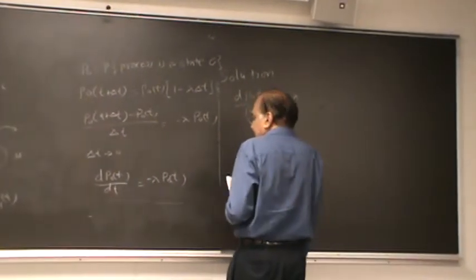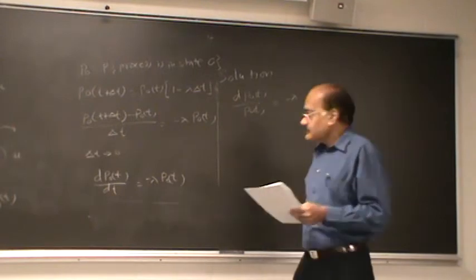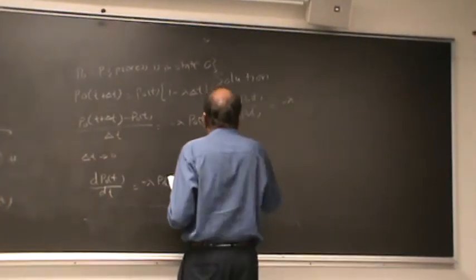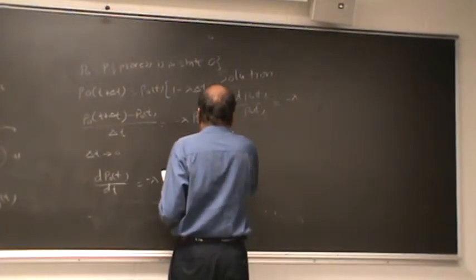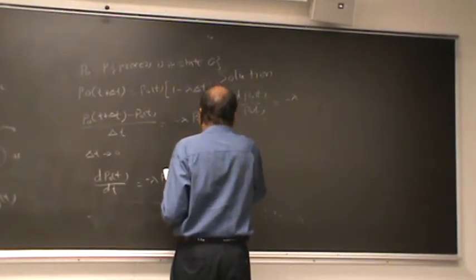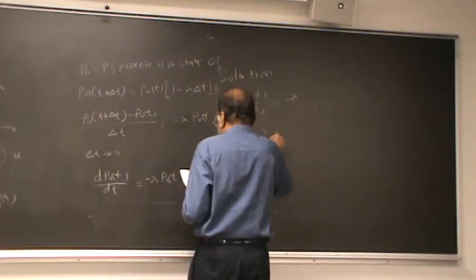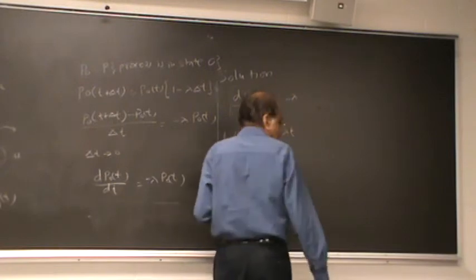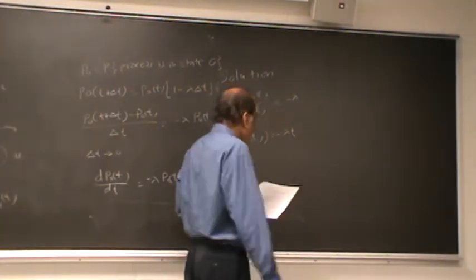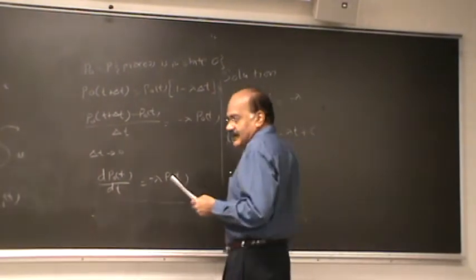Okay, we write the equation in this form. We integrate both sides. So when we integrate both sides, the integral of this is going to give us natural log of P0(t), and here we are going to have minus lambda multiplied by t. We have integrated it, and there is a constant of integration, which we are going to figure out soon.